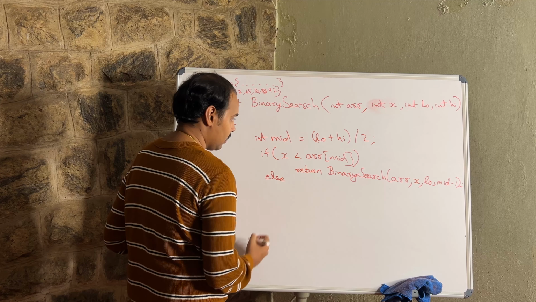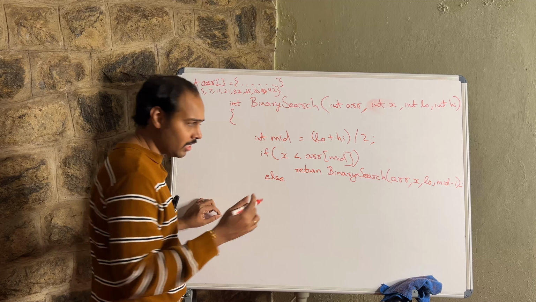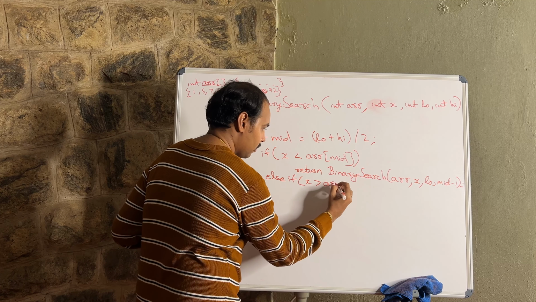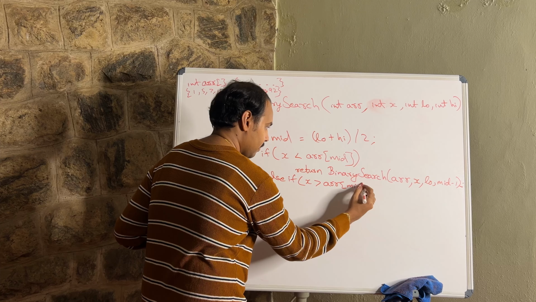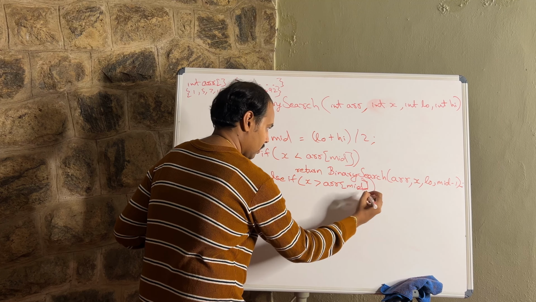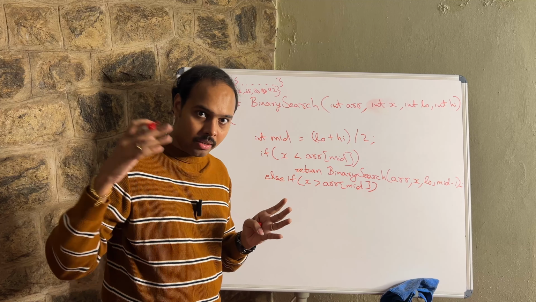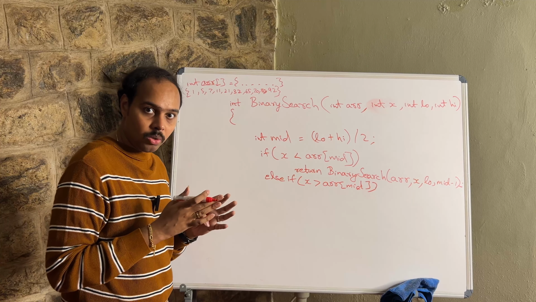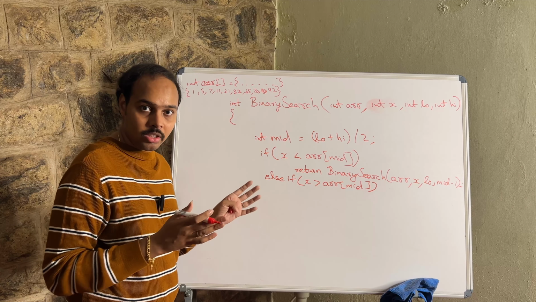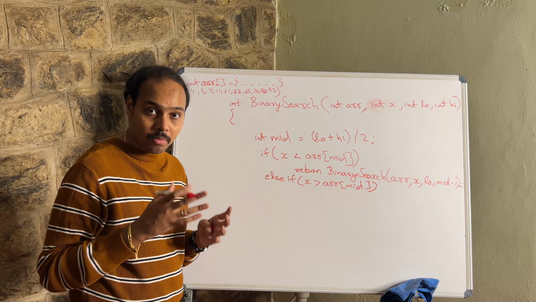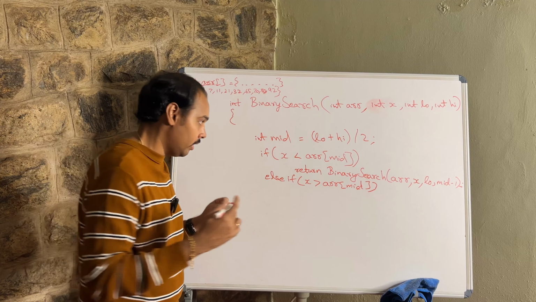Else, what if x is on the right side? X is greater than ARR of mid. Then we will look only from mid plus 1 till high, because we know till mid it's not there. X is greater than the element in the middle. So we have to check from mid plus 1 till high.